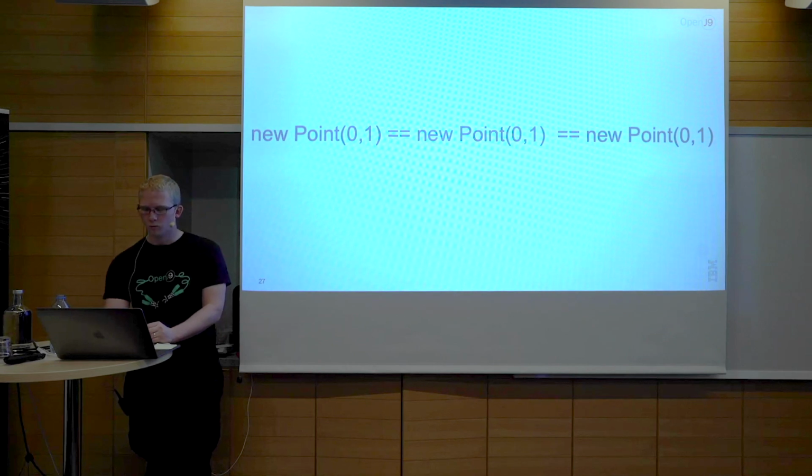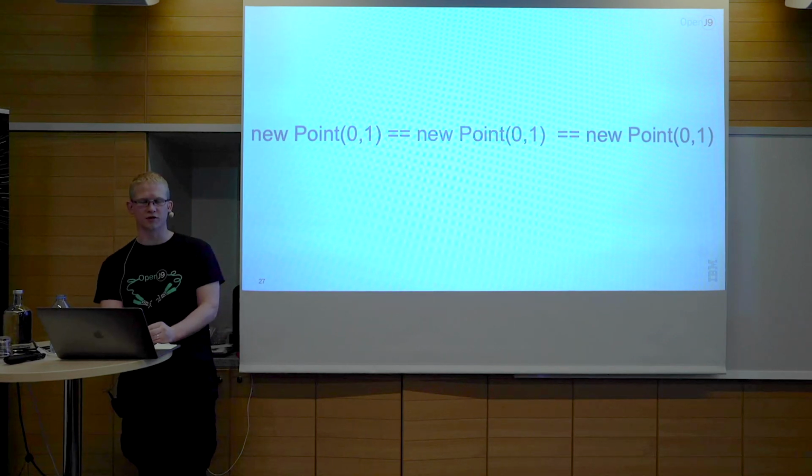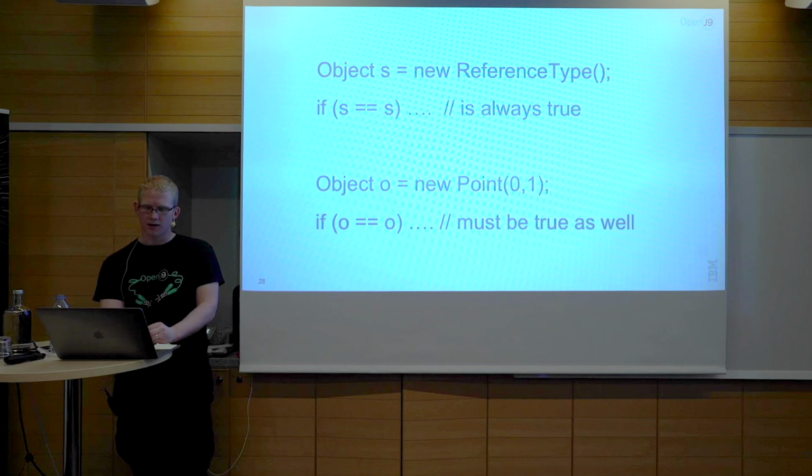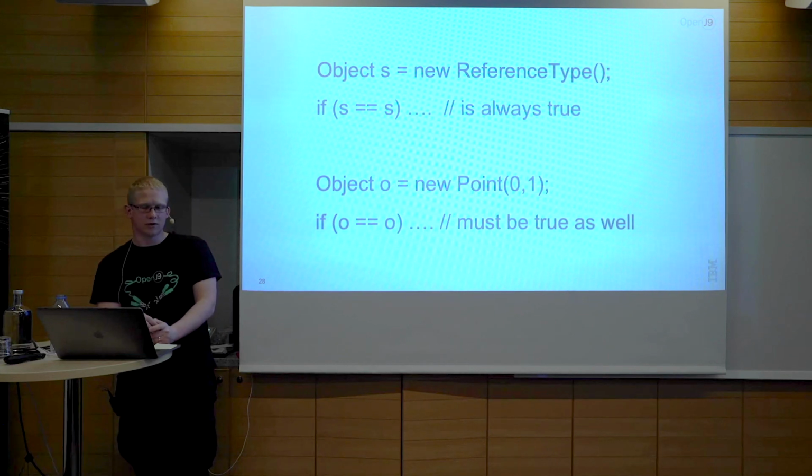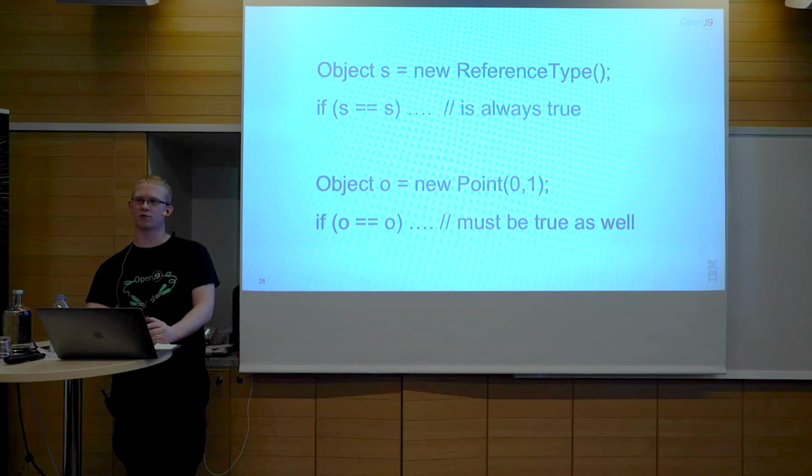And I'll show you why the JVM has to do this. If we look at the code on this slide, at the top of it, I've created some object reference. And I'm checking, is that object reference equal to itself? And so that has to always be true. There's no reasonable model in which that's not true, right? We would be very unhappy if the JVM decided that reference equality didn't work anymore.